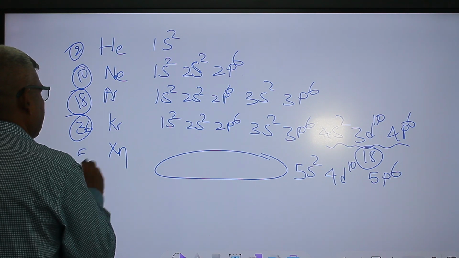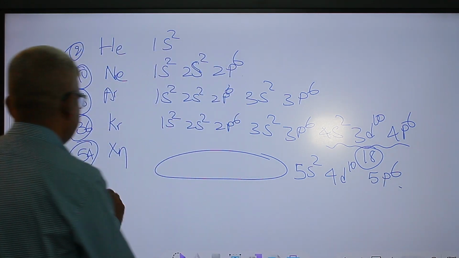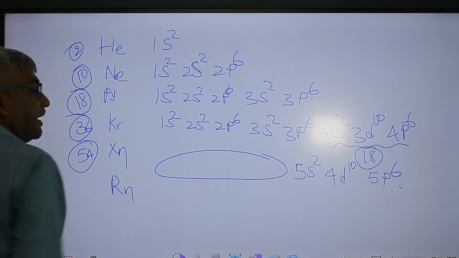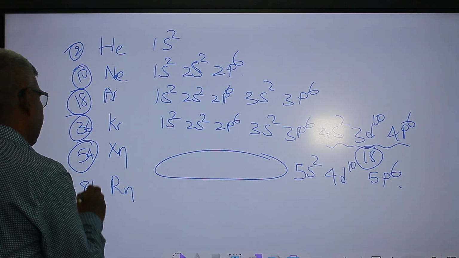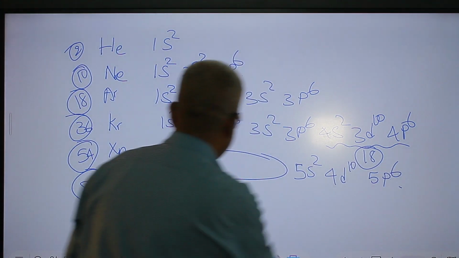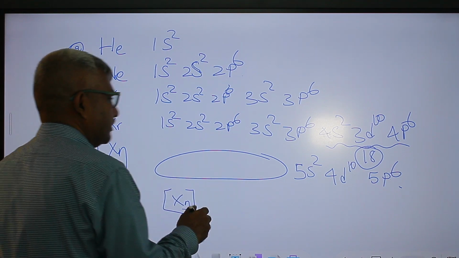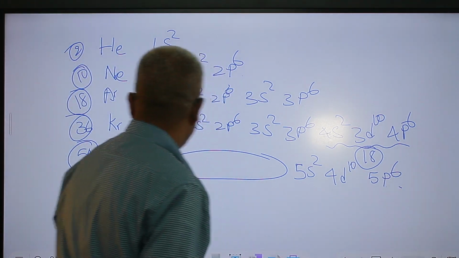Xenon. This 18 is coming because of this one. Then radon, 86 is included. After all this, xenon is 54. Then 5s2, 5p6.